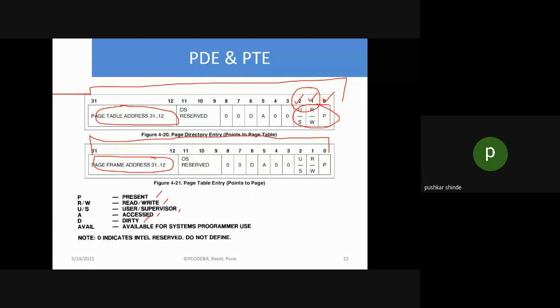Page directory entry contains the base address of page table, and page table entry contains the base address of page. It is also a 20-bit value. Page table entry also contains U/S, R/W and P bit for page level security, and it also contains the dirty and accessed bit. These are all related to page level security. This is how the page directory entry and page table entry look like.